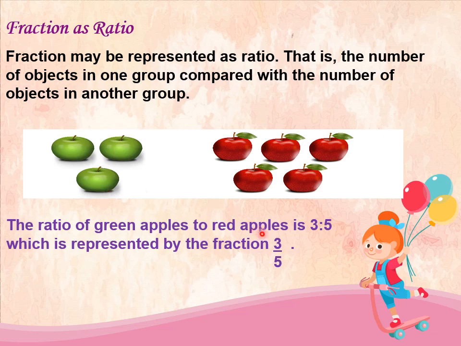So 3. And how many red apples are there? 1, 2, 3, 4, 5. So here we have to make a comparison. In the picture, there are 3 green apples and 5 red apples. So how will we write it in ratio? 3:5, which is represented by the fraction 3 upon 5.